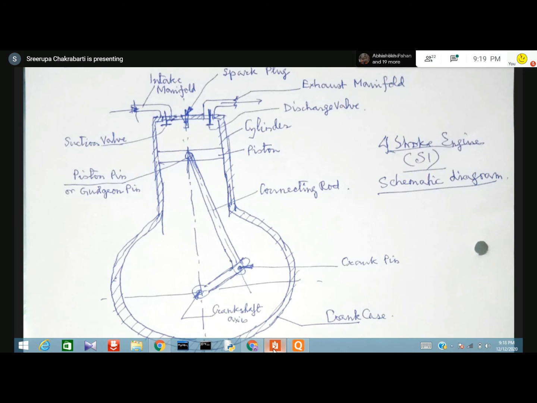These questions will be answered when we go through the comparative discussion of two-stroke and four-stroke engines and SI engines and CI engines. We are going to come to it. I'll also tell you in short now.